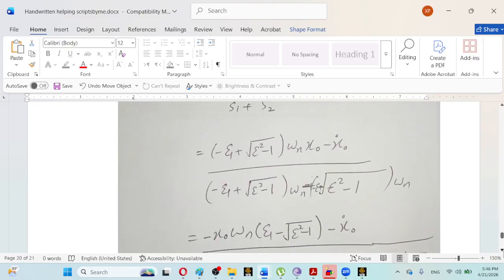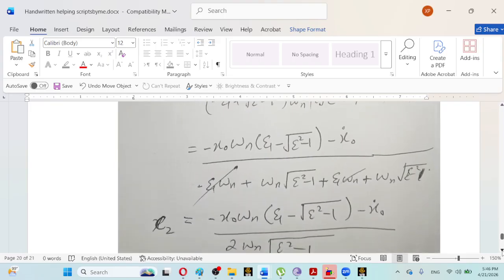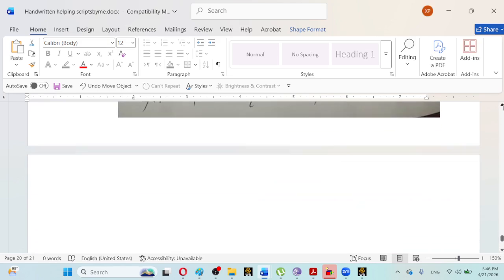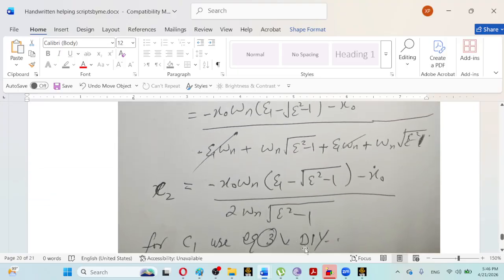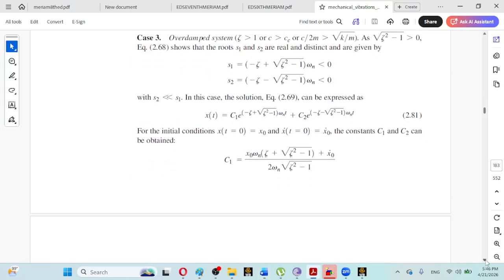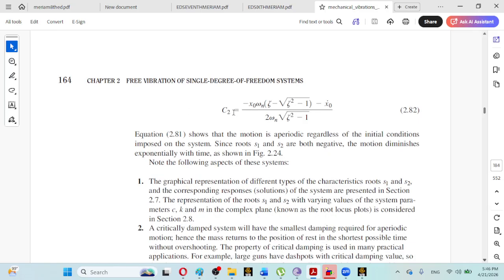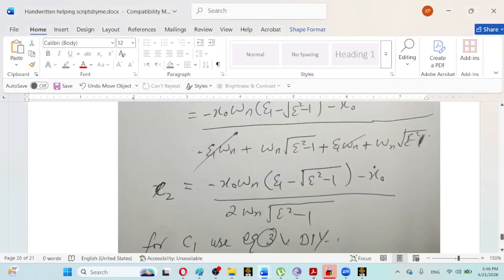So this equation has been transformed like this to match the equation written in the textbook. The value of C2, as you can observe on the next page, I have derived, so you can compare this equation with that equation.